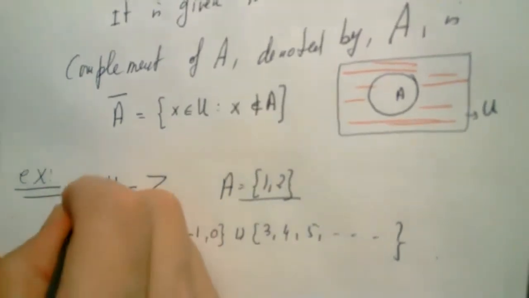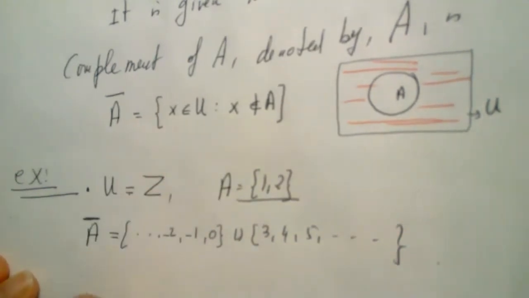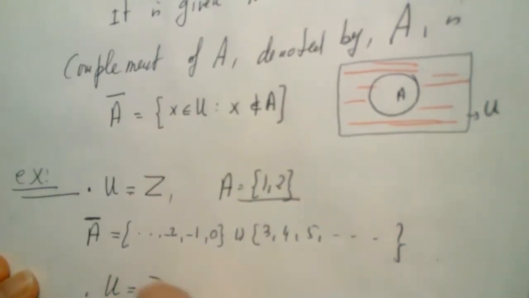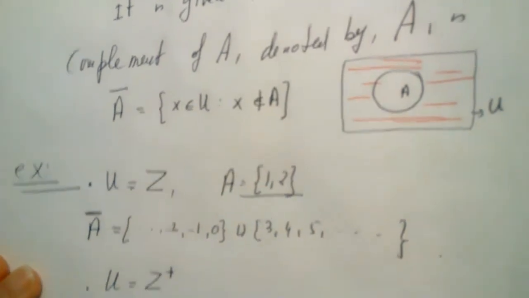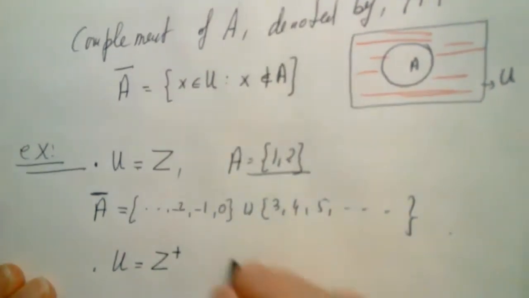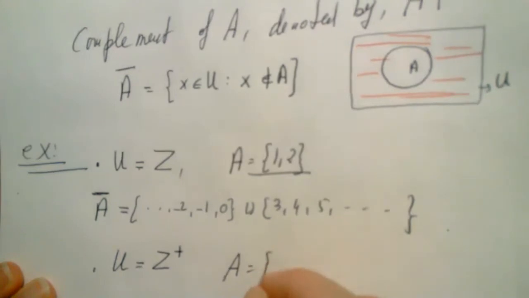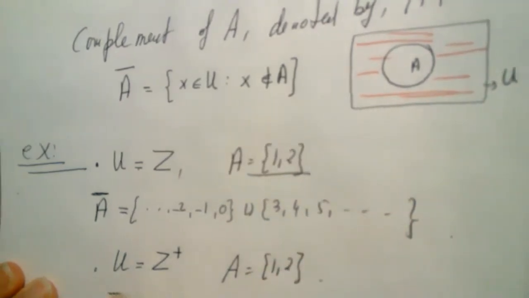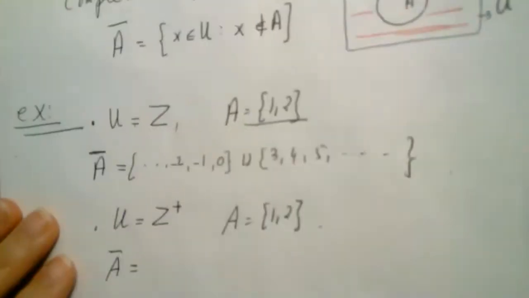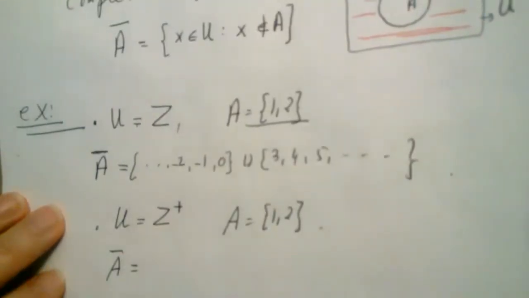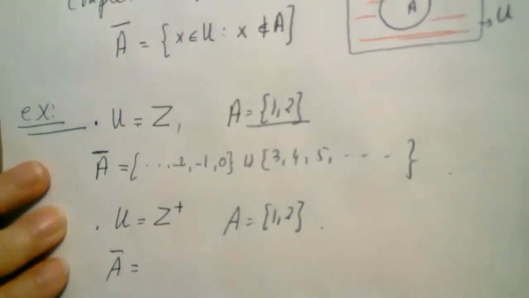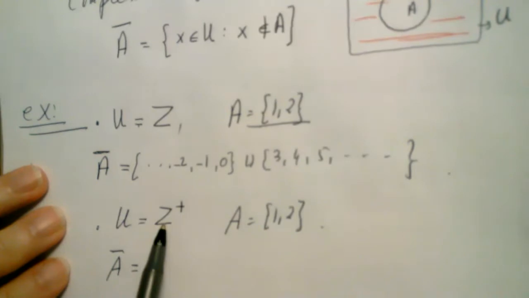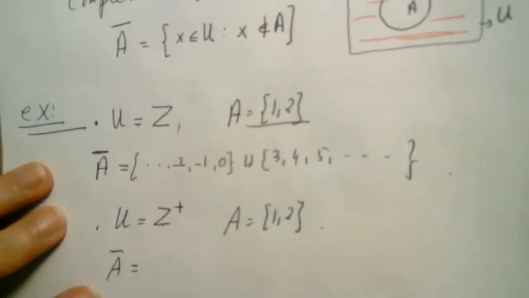Now, I can change my universe. If I tell you U is Z plus, that's the universe, and A is {1, 2}, is the complement changing, yes or no? What's the complement? Absolutely, because now it's only the positive integers. So I have a totally different complement, and that's the importance of the universe.